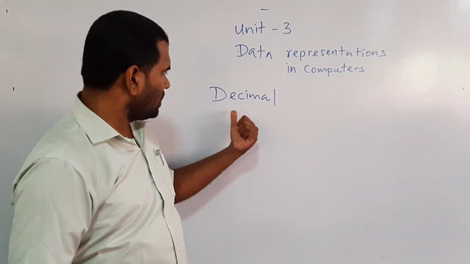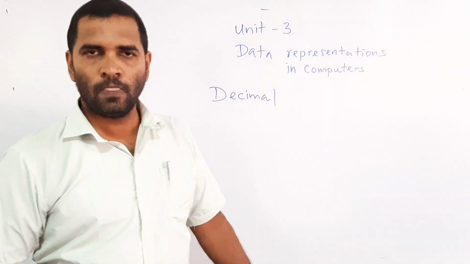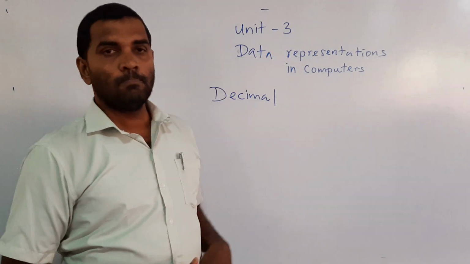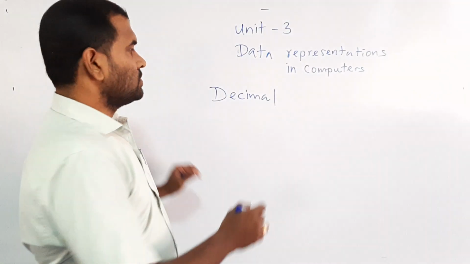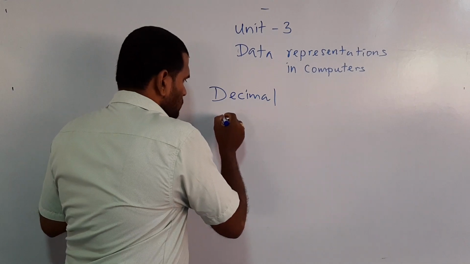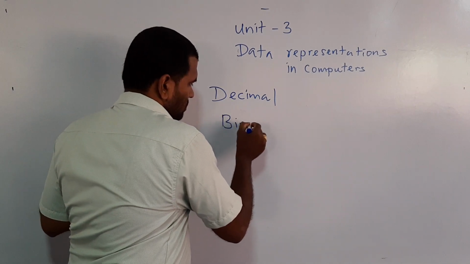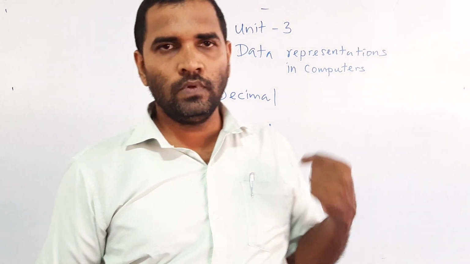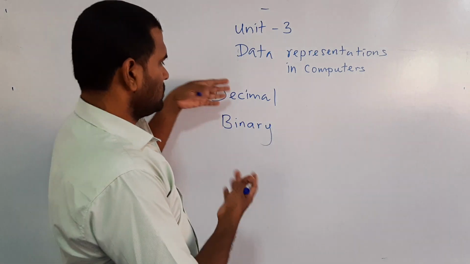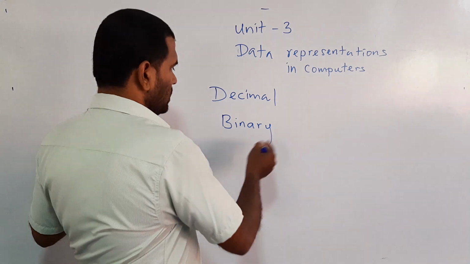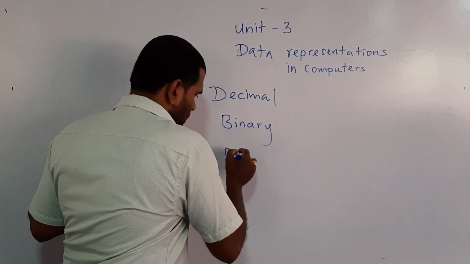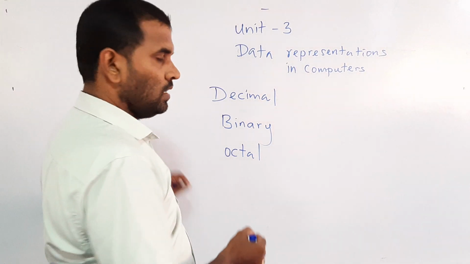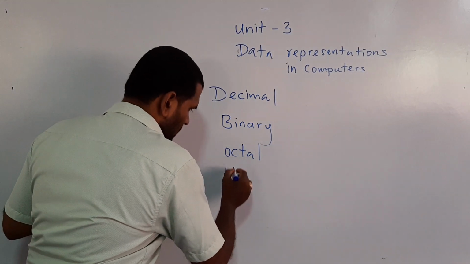In this unit, we have to introduce the other three. The second one is the binary number system. I will explain the features and everything later. Better to introduce them first. Then the third one is called the octal number system. Finally, we have the hexadecimal number system.